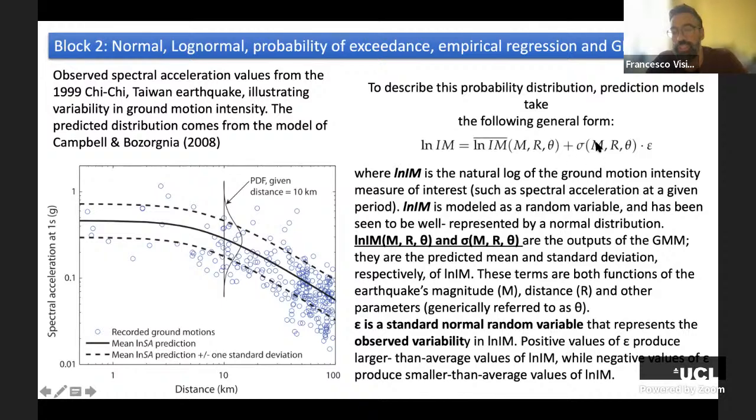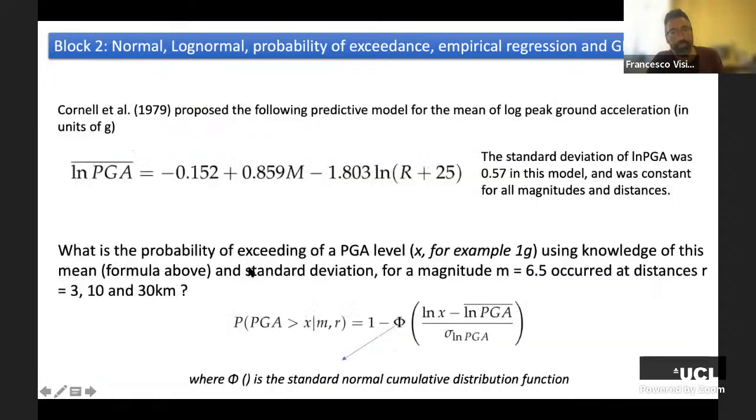And there is, of course, a standard deviation of these parameters multiplied by epsilon, that is a standard normal random variable. Positive values of epsilon produce larger than average values of the logarithm of the intensity measure I'm interested in. Negative values will produce smaller than average values. So in this case, for example, epsilon is equal to 1 for 1 standard deviation. Epsilon is equal to -1 in these other curves.